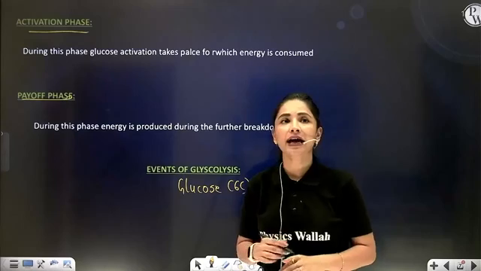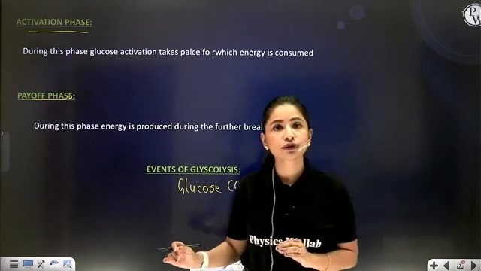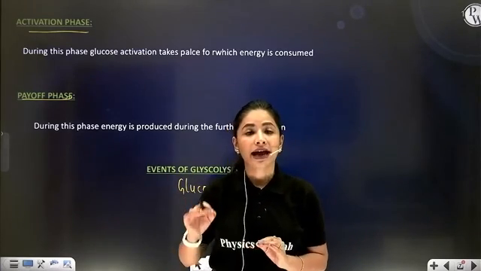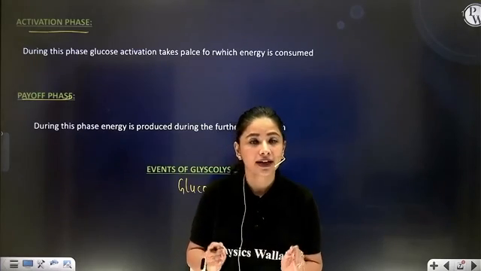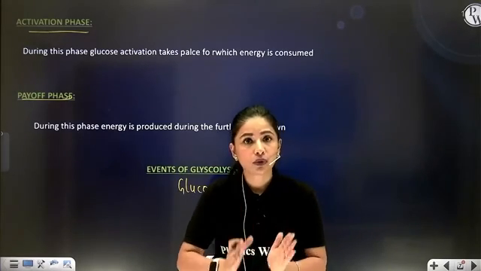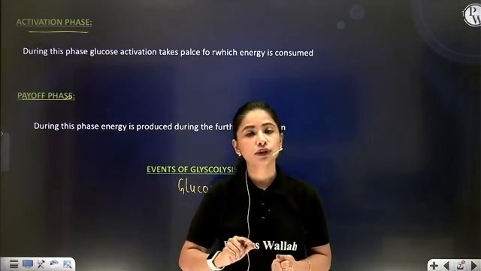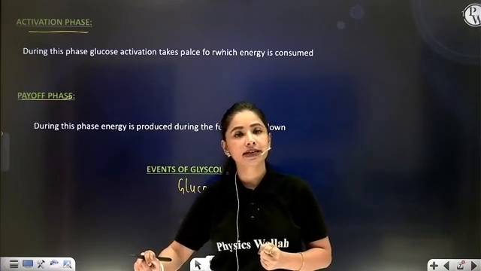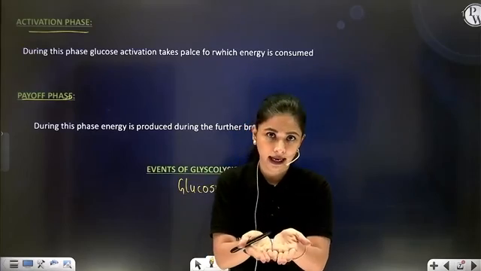For making glucose ready, the cytoplasm of the cell has to spend energy. So the initial steps of glycolysis consume ATP in order to activate glucose. Once glucose gets activated, it then starts producing ATP.